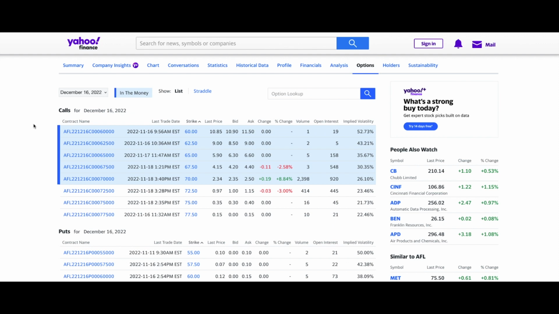Aflac also pays out a really nice dividend, right? Because like I said, they're an insurer. If you can't make an insurance company work, you just got really bad management, because their job is to not pay out. The insurance company makes money because they sell you a premium that's really overpriced, and then they don't pay out. So you're paying for a premium that is overpriced.